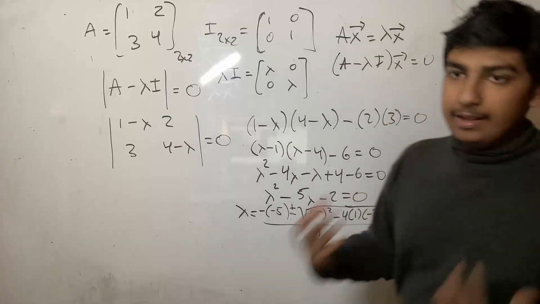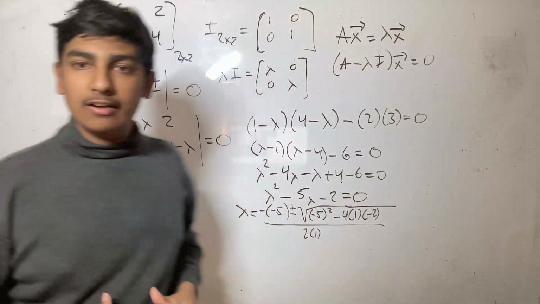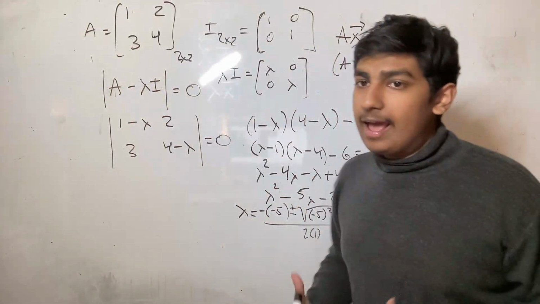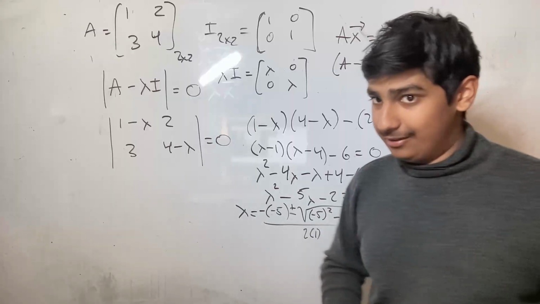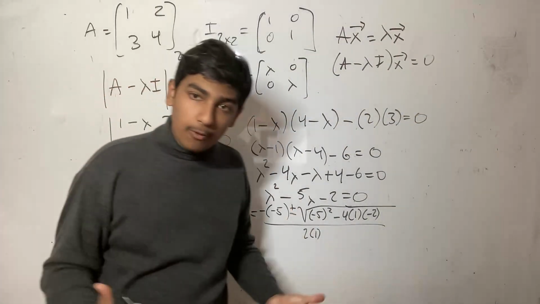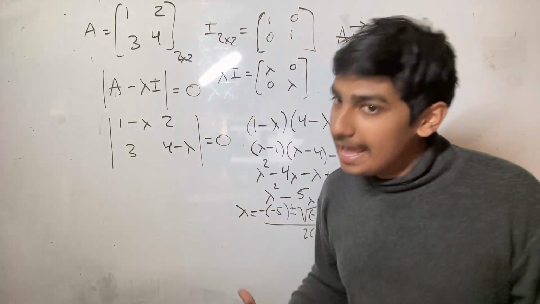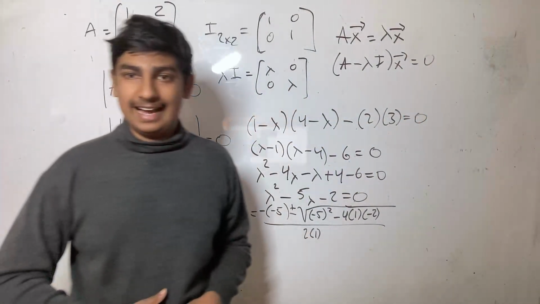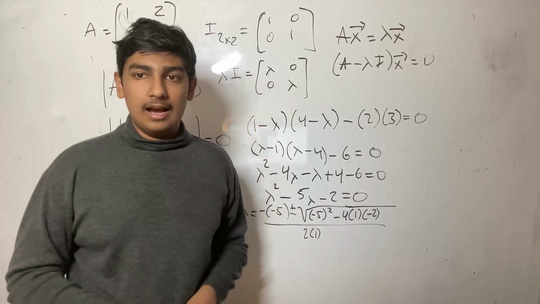You could do RREF, get into row reduced echelon form, and solve for your x that way. This is the general strategy of finding your eigenvalues, and you can do this with 3 by 3s, 4 by 4s, 5 by 5s, n by n dimensionalities. This is really how you find eigenvalues.